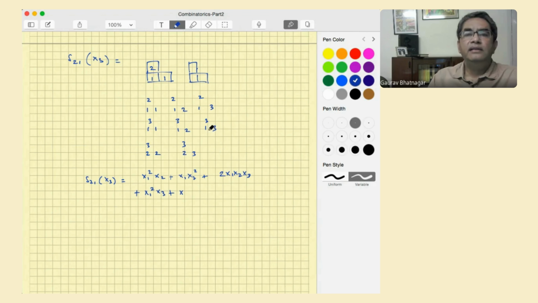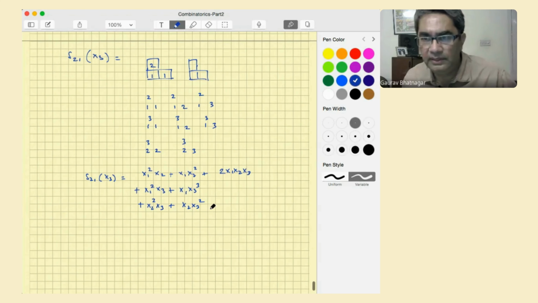Then this is x1 x3 square plus x2 square x3. And so just two of these, is it? Plus x2 x3 square.